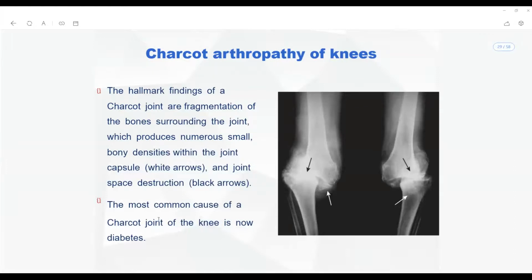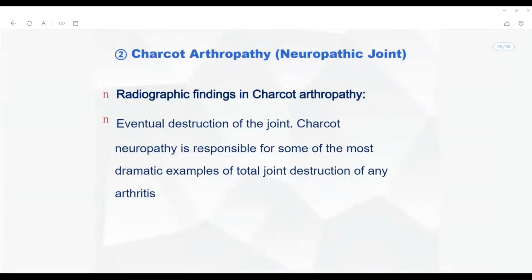Generally we call it subluxation if it is related to flexion and extension, but this one is related to abduction and adduction. So this is the Charcot arthropathy. And the radiographic features are eventual destruction of the joint, and neuropathic pain is also seen, and that is going to cause the arthropathy.